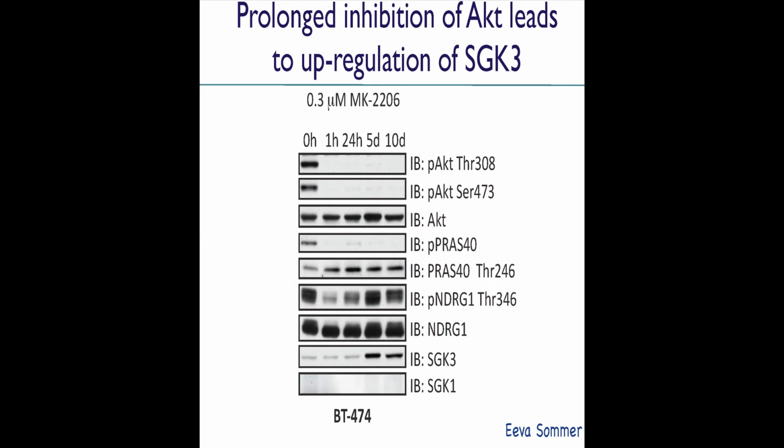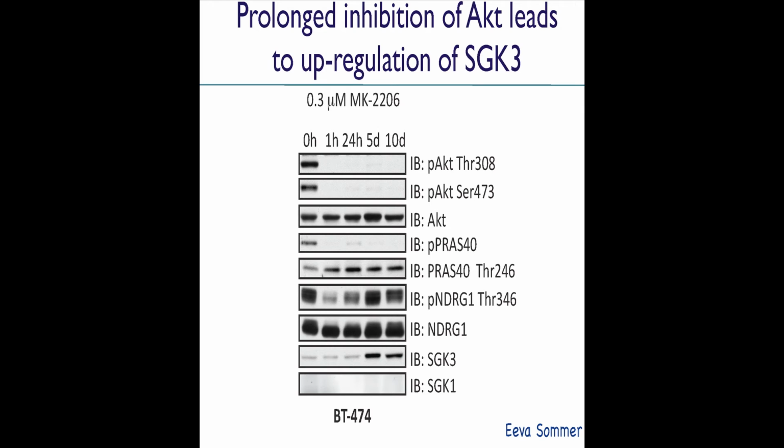And what we've also found is even if you take the most sensitive cell lines, that are very, very sensitive to AKT inhibitors, and you treat these cells for up to 10 days with an AKT inhibitor, very quickly the cells start becoming resistant to the AKT inhibitor therapy.